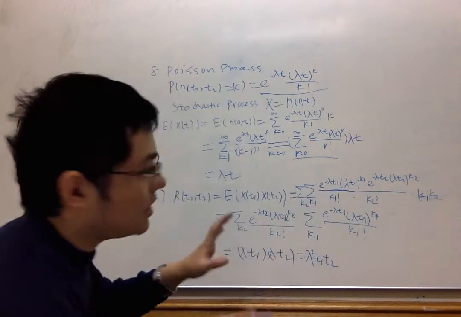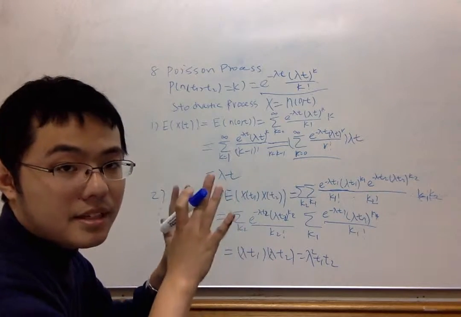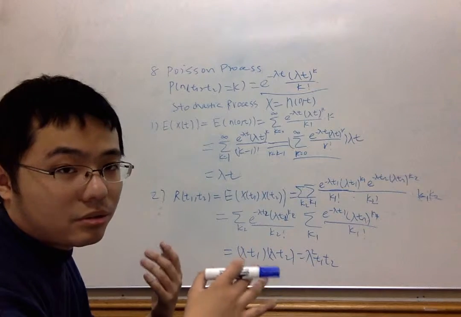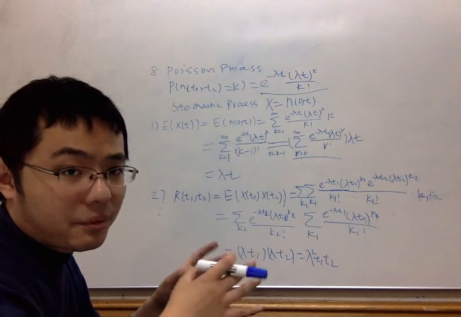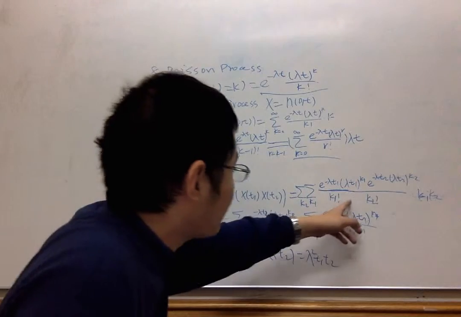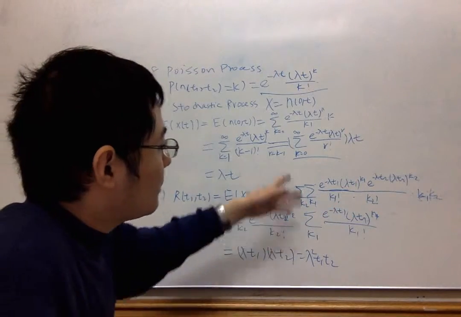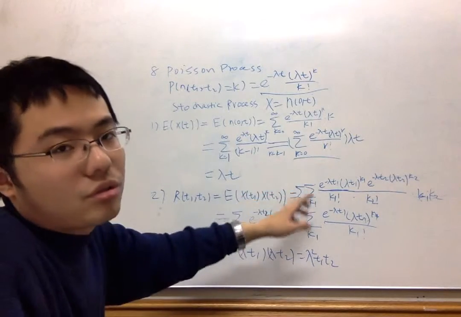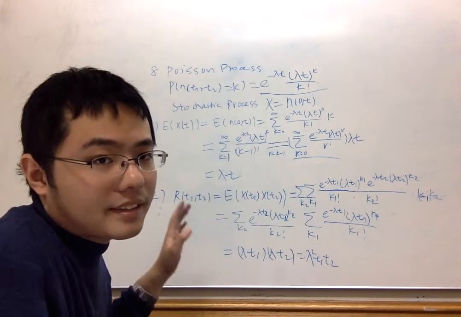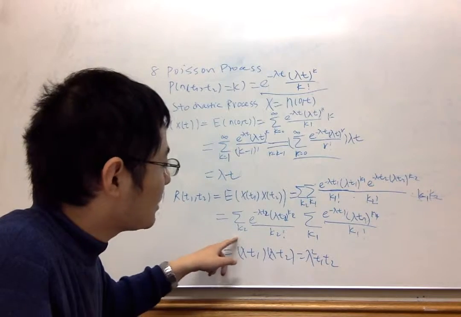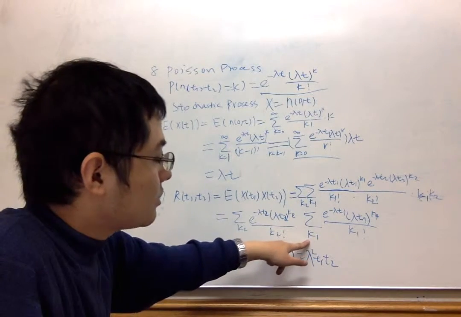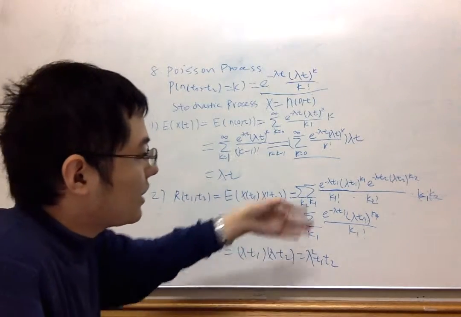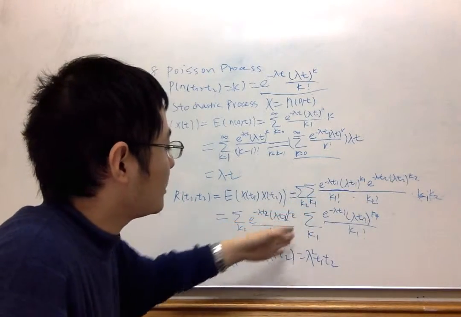Because these two summations contain different variables, they take the form of a product, so we could write them as two separate sums, one exclusively about k1 and one about k2.